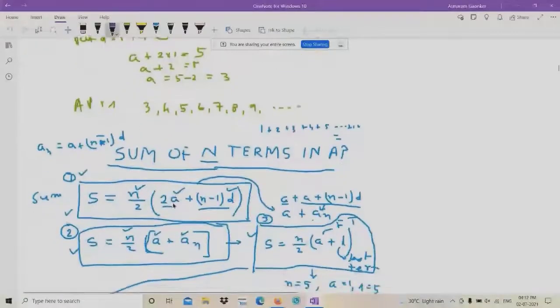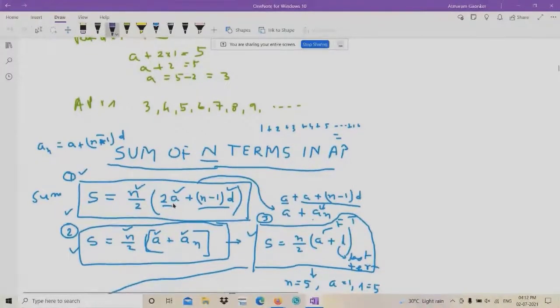The formula for the sum of n terms. The most important formula for the sum of n terms you have to know is S is equal to n upon 2 multiplied by 2a plus n minus 1 times d. So this is the formula for the sum. And if I split 2a as a plus a, so one a will remain here as it is, and a plus n minus 1 d is an, that is the nth term, or you can call it the last term in the series.